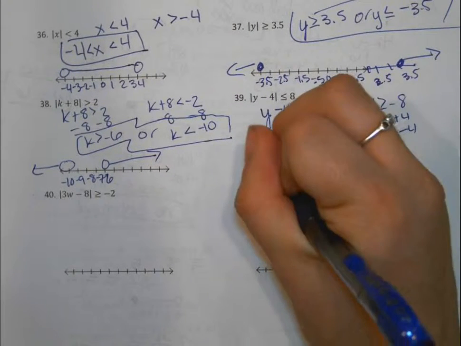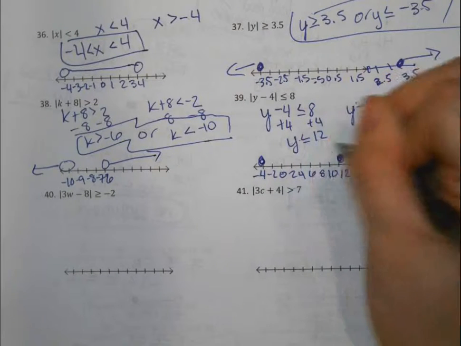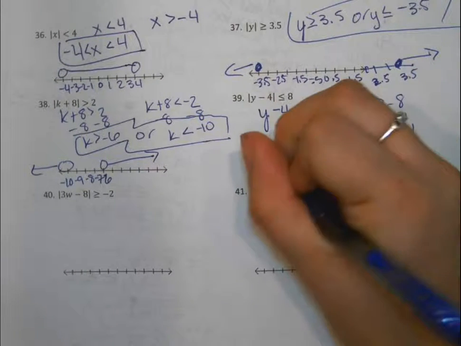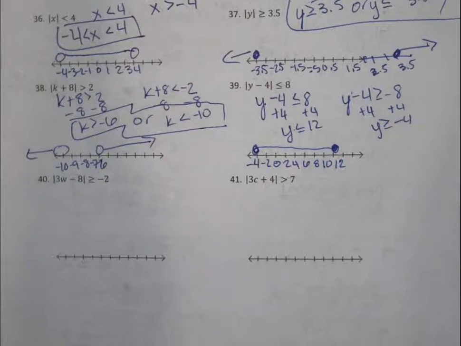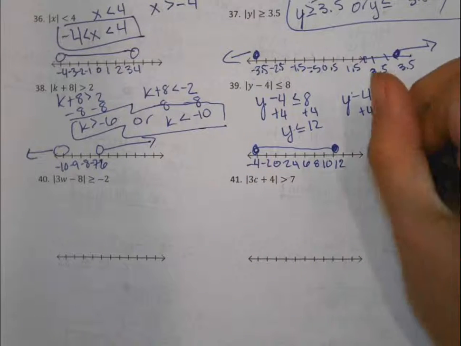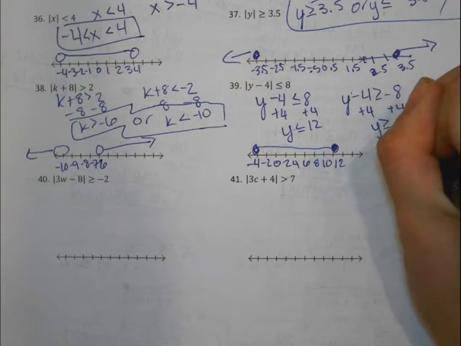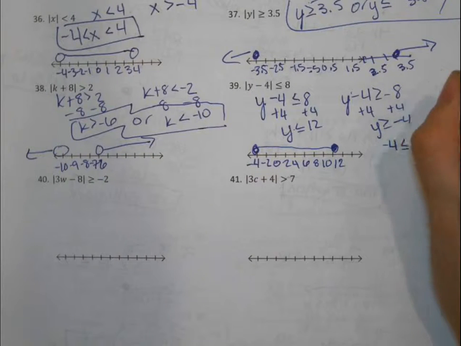Negative 4 also gets a solid circle. This one is less than or equal to 12, so that goes to the left, and the negative 4 is greater than or equal to, so that one goes to the right, which means these two will connect. Since they connected, I want to write my inequality with the y in the middle.